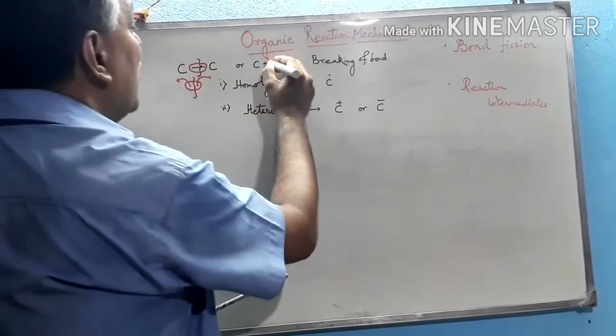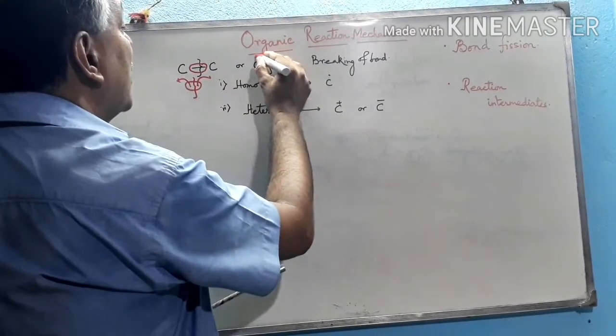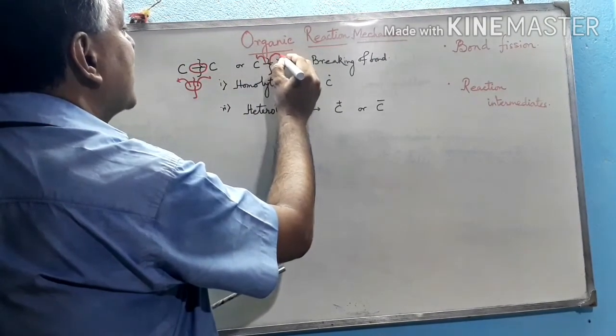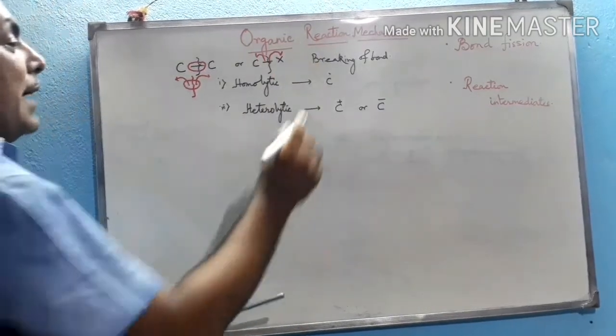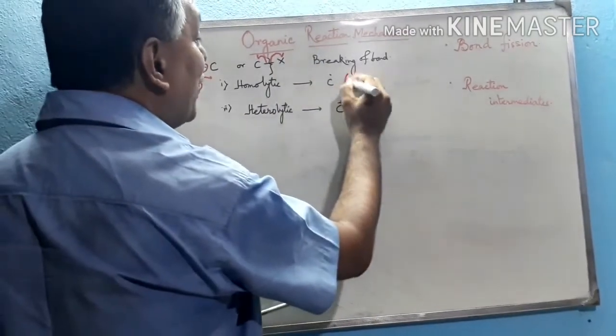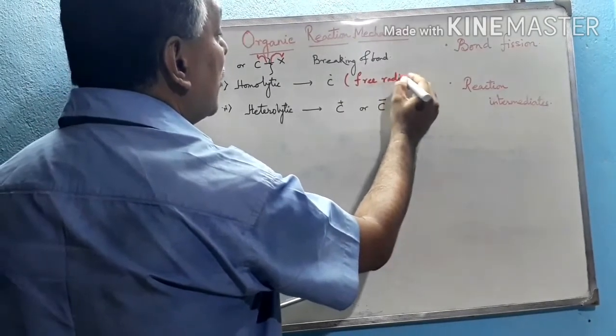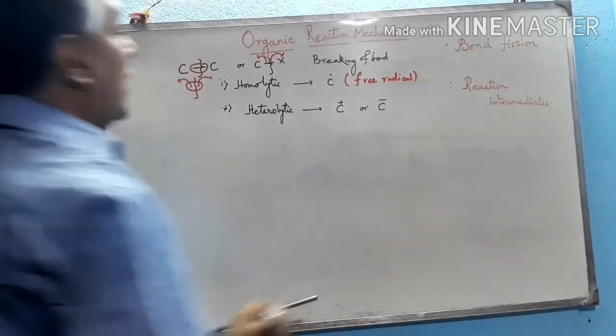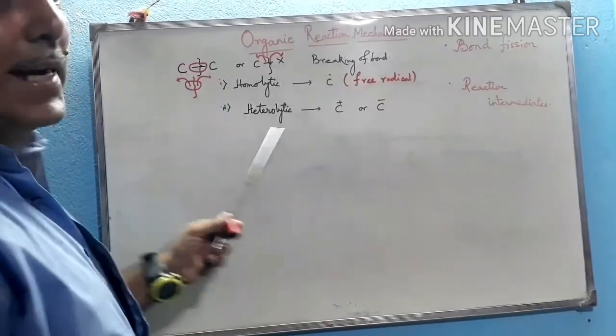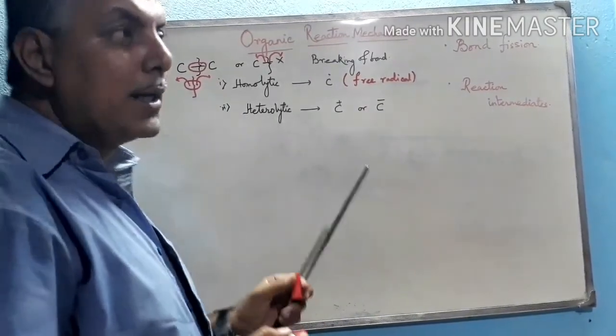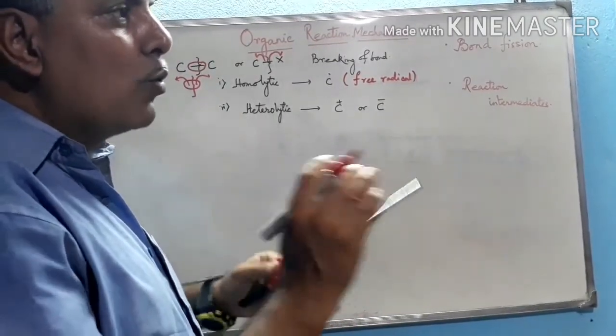Here also one electron goes toward this carbon atom and one electron goes toward the X atom. So it generates a dot, that is called the free radical. But there also may take place heterolytic bond fission. Heterolytic means unequal bond fission.